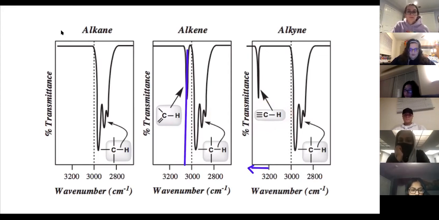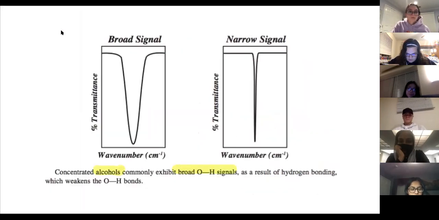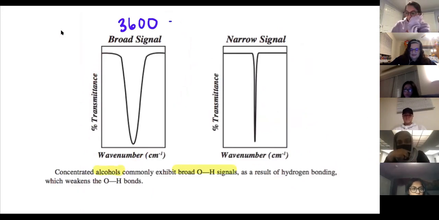Okay. Like I said, this is just a summary of the peaks. The carbon stretching actually isn't all that bad. These guys, however, these guys are important. So this dude, this broad signal, if you see this at around 3600, that tells you that there is an alcohol on your molecule.